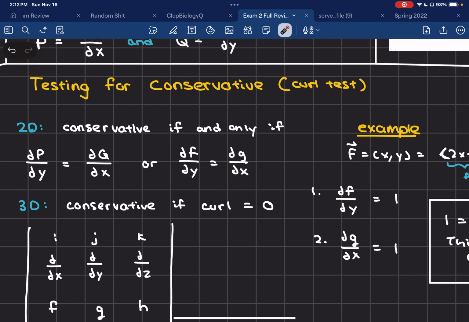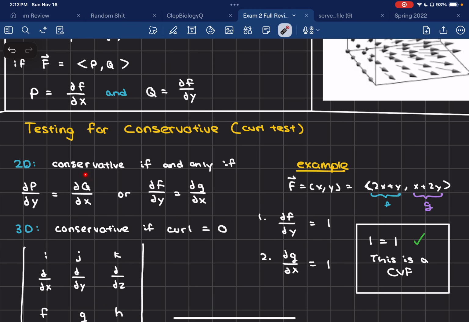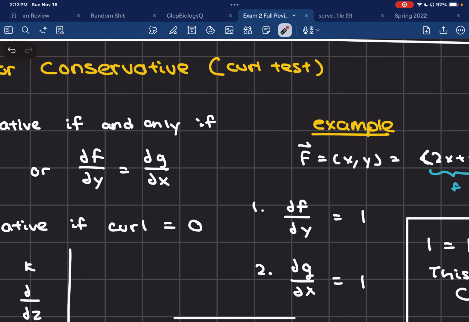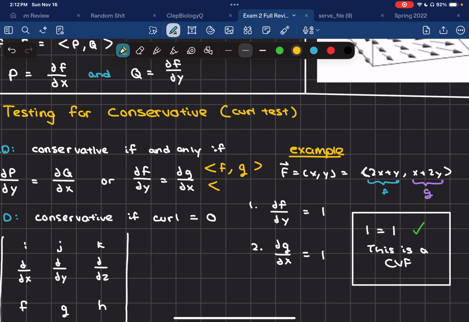It's conservative if the partial derivative of p with respect to y is equal to the partial derivative of q with respect to x. You could also think of it as f and g. I like to think of it as f and g because in this case, f is just this and g is that. I think it's a lot easier than thinking of it as p and q, but you do you.